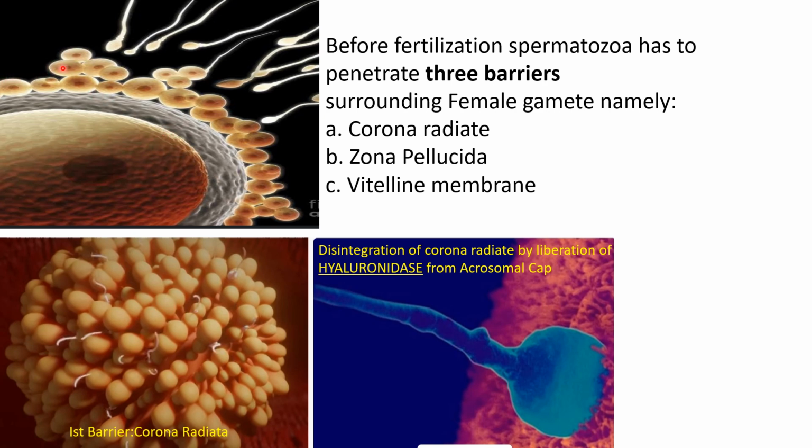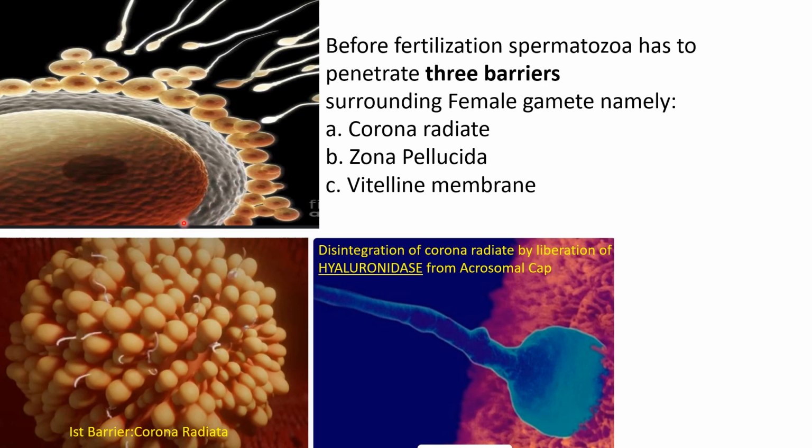The outermost covering or outermost barrier is the corona radiata. It is derived from the follicular cells of the cumulus oophoricus. Then the second barrier is the zona pellucida. It is an amorphous glycoprotein which is derived from the follicular cells, and it has a striated appearance.